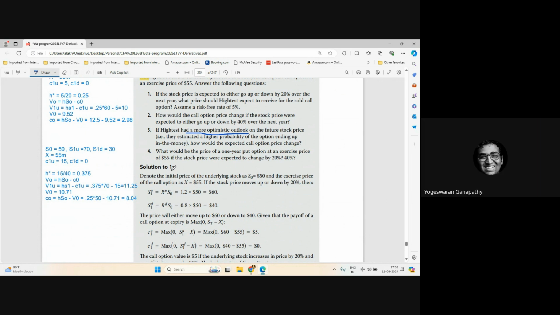Question number 4. What would be the price of a 1 year put option at an exercise price of 55 if the stock price were expected to change by 20% and 40%?